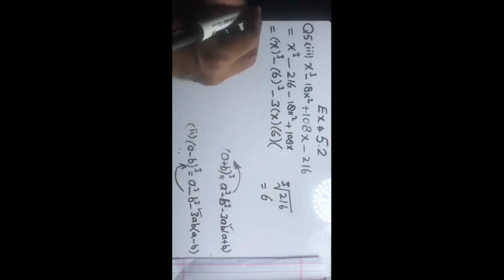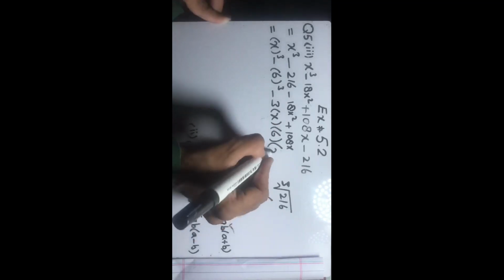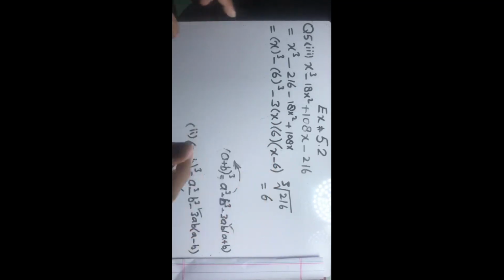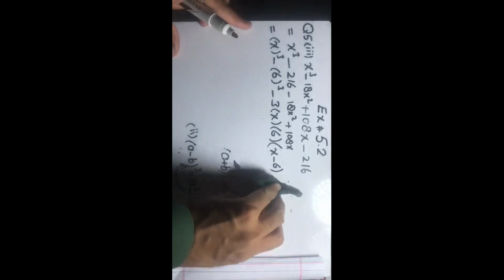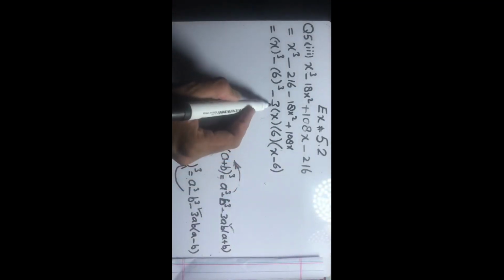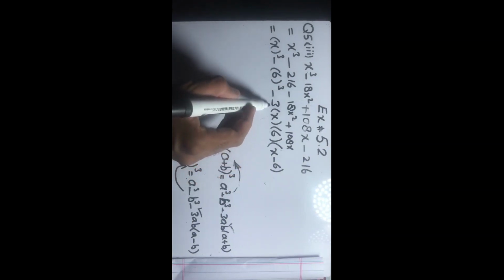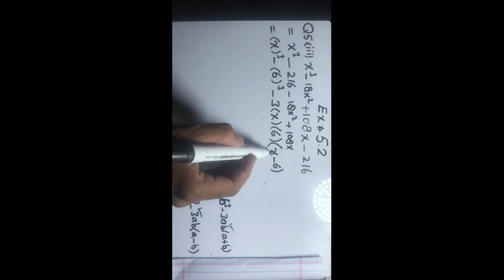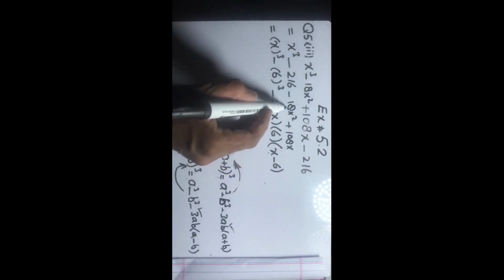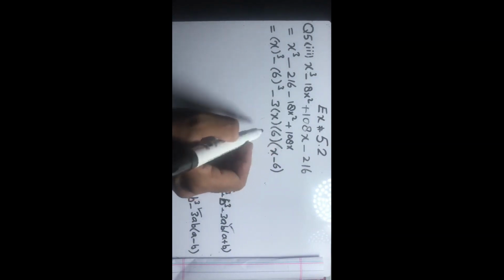Now we have to write a minus b. A is x and b is 6. Now if you multiply this, 3x multiplied by 6, you get 18x, and when 18x is multiplied by x, we get 18x square. So we do not change anything.